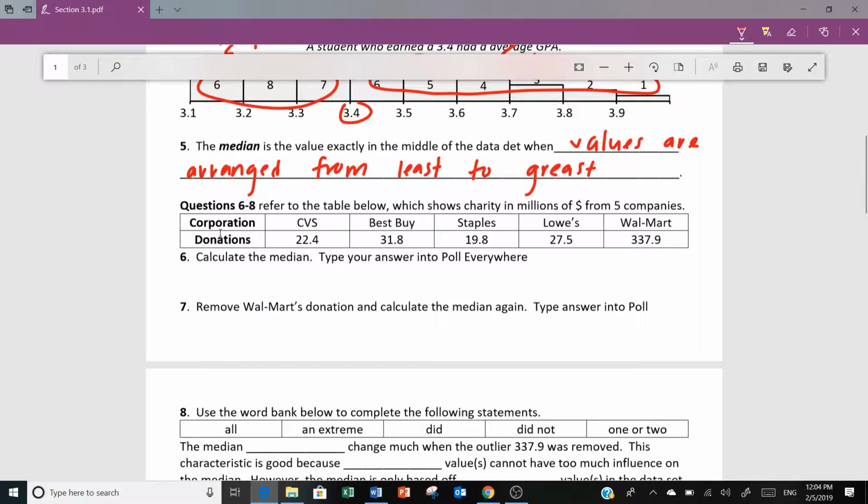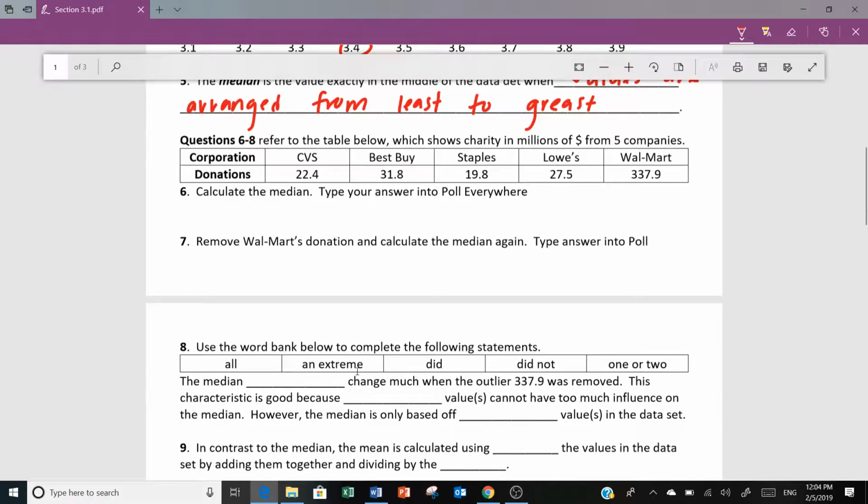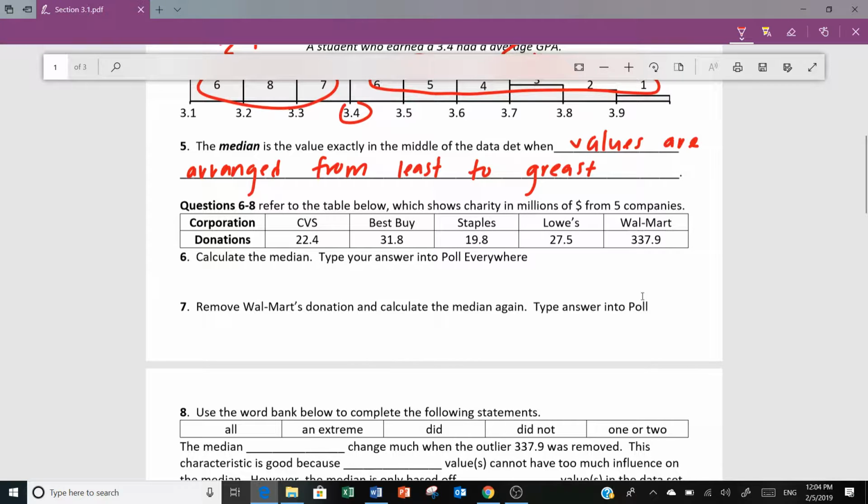Okay, let's go ahead and find the median for this example here. So 6, 7, and 8 all use this example. Let's go ahead and find the median, actually let's do it for both 6 and 7.